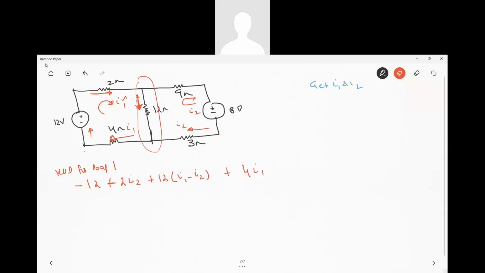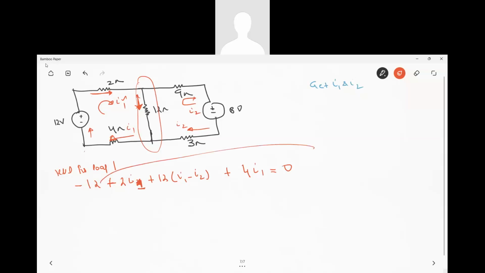We wrote I2 in the 2 I2, we wrote, like, after 12 plus. Minus 12 plus 2. Sorry, here, 2 I1 only. Yeah, good. Okay, 2 I1 plus 12 (I1 minus I2) plus 4 I1 is equal to 0, correct?